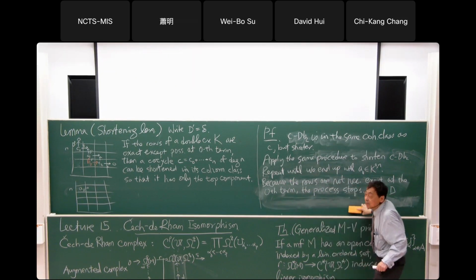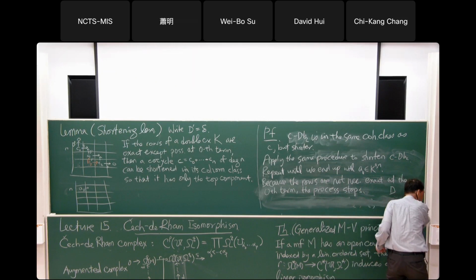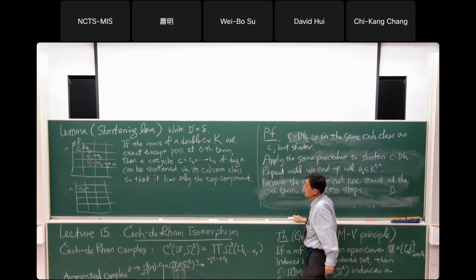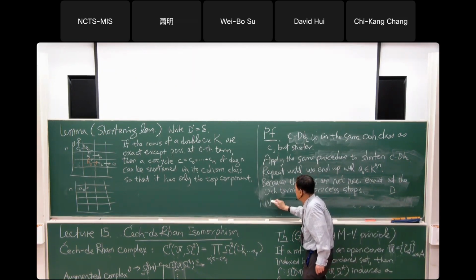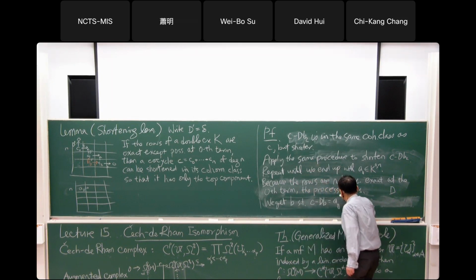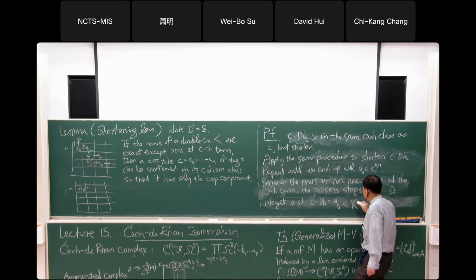Yeah. Okay, so what this means is that we get a cochain B such that C minus dB is equal to A0, and it is in just one box, okay?